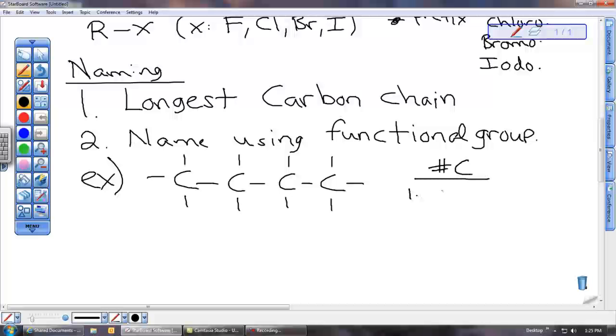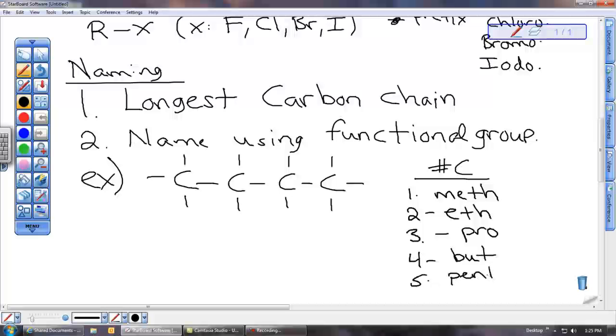When there's 1 carbon, we use the prefix meth. 2 carbons, eth. 3 carbons, prop. 4, but. 5 is pent. And 6, hex.